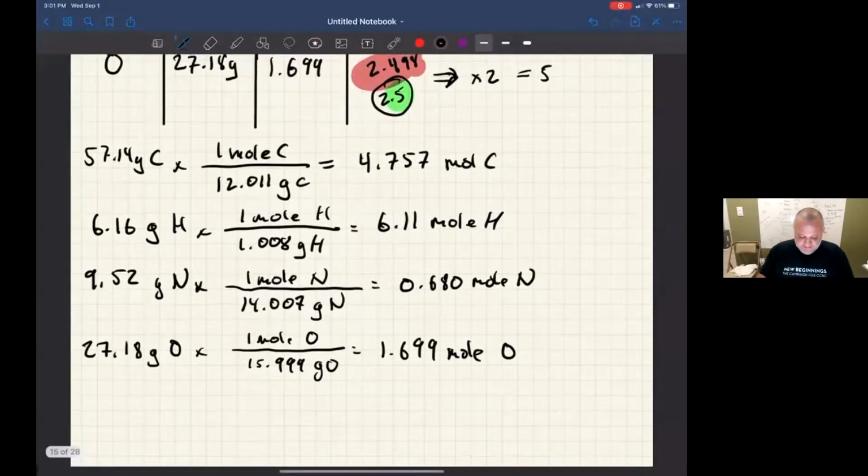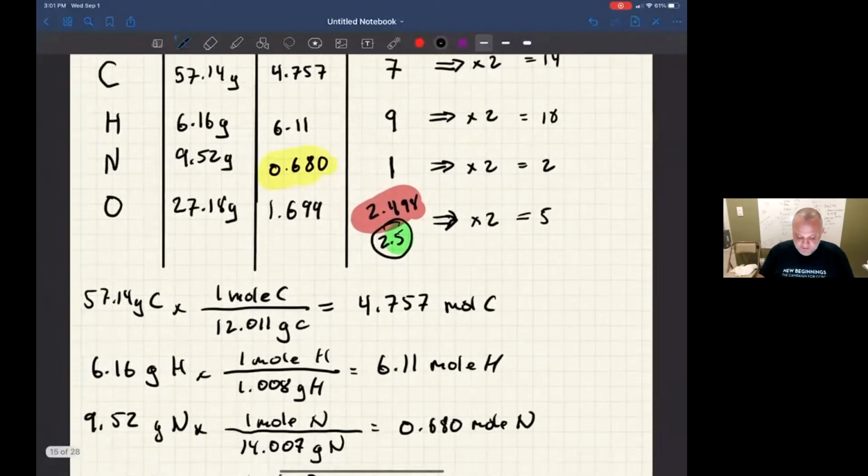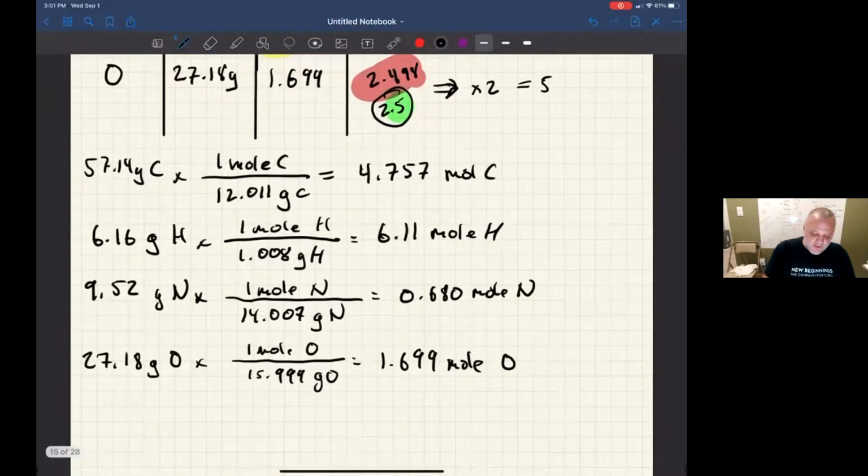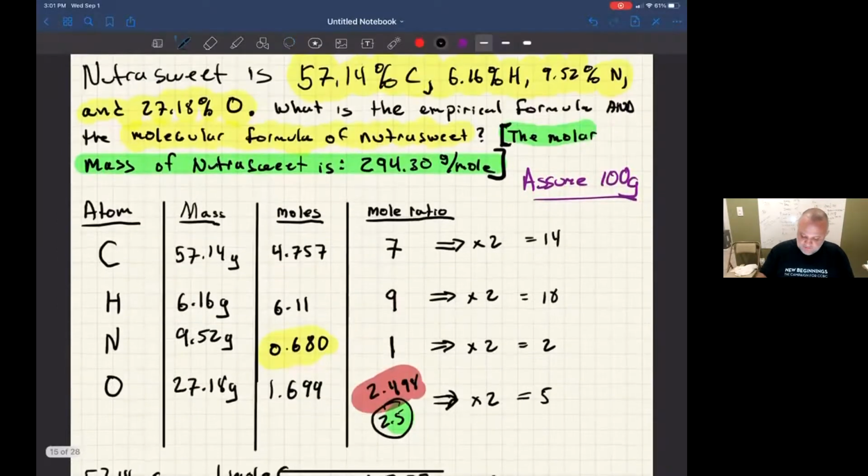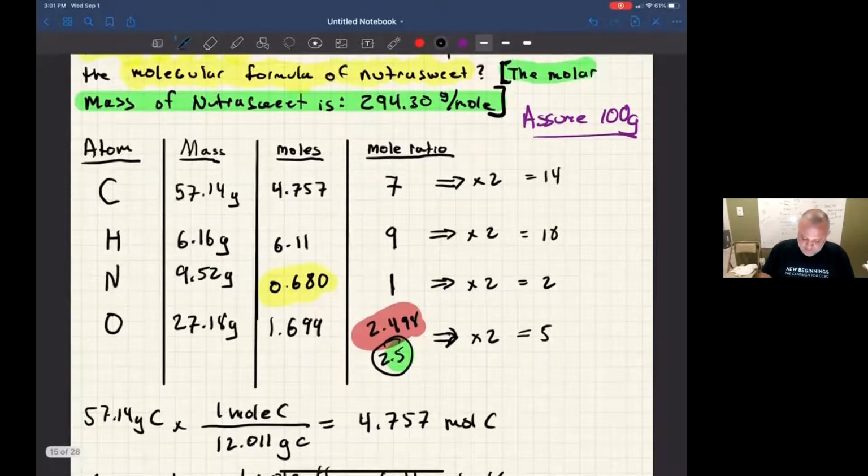So at the end of the day, I get the empirical formula of NutraSweet to be C14H18N2O5. And so what we've done here is we've calculated the empirical formula of NutraSweet.